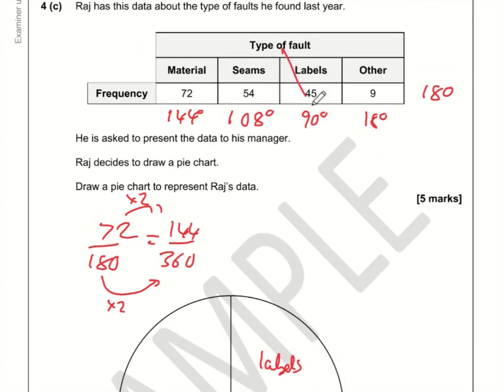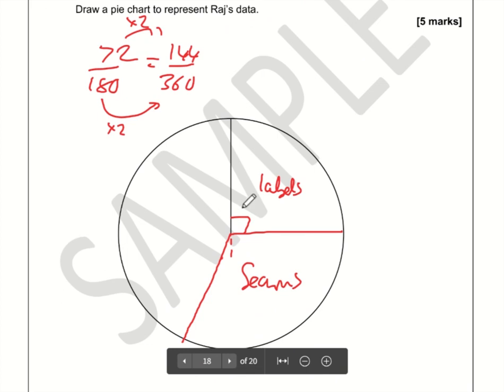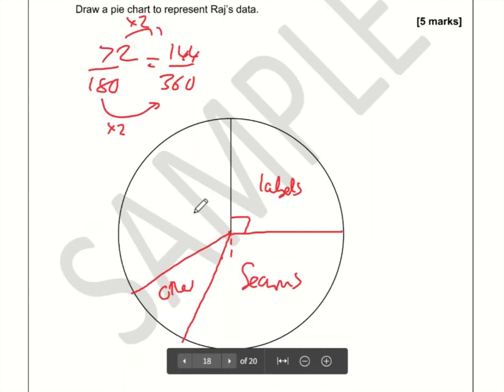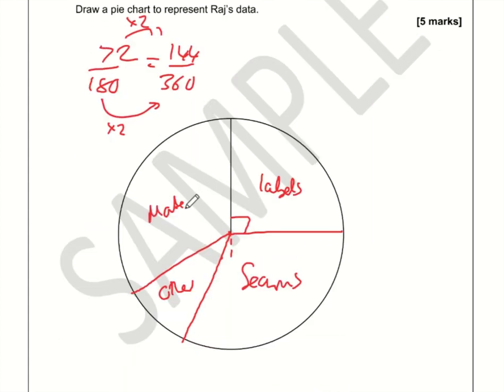So I've done my labels, I've done my seams. 18 degrees, that's quite a small amount, so again, please use a protractor. Let's call that 18 degrees, and that was other. And therefore this is, well, it should be 144 degrees, and it would be if I'd measured these other 3 angles accurately, and that is material. Okay, so that's what you're aiming for, something vaguely similar to that. If you've used a protractor, then you'll have a better pie chart than me.